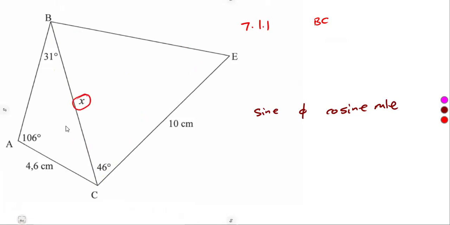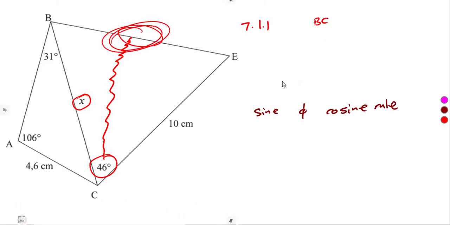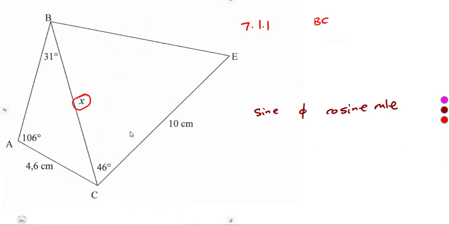For the side we are supposed to calculate, we do not have the corresponding angle. We are just given one angle, which does not correspond to any side. So in this triangle, we are limited.